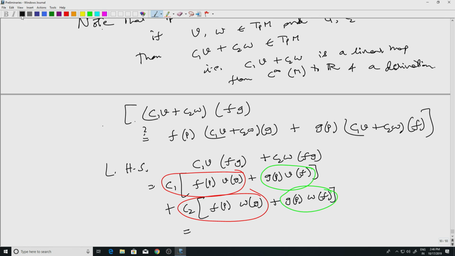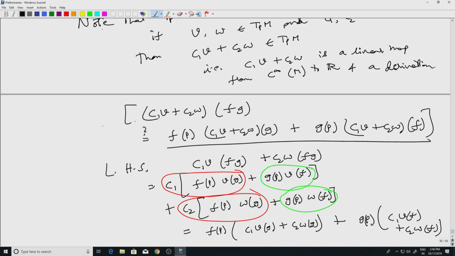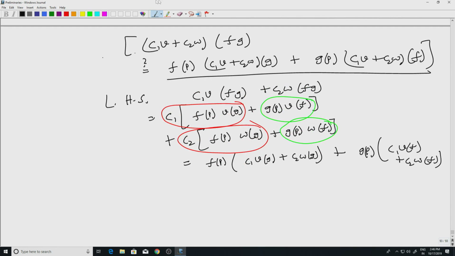So I'll end up getting f of P times C1V of g plus C2W of g, plus g of P times C1V of f plus C2W of f, which is essentially what I want here. So it's quite straightforward to check that it is indeed a derivation.